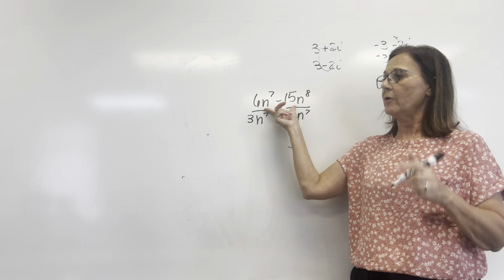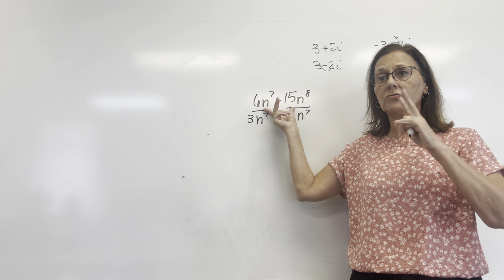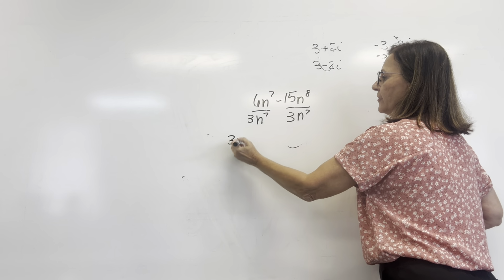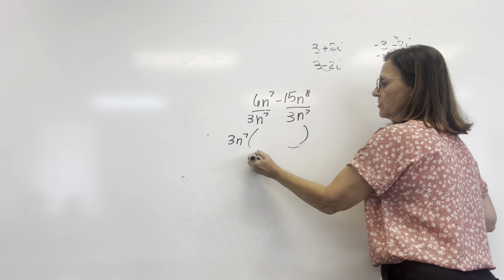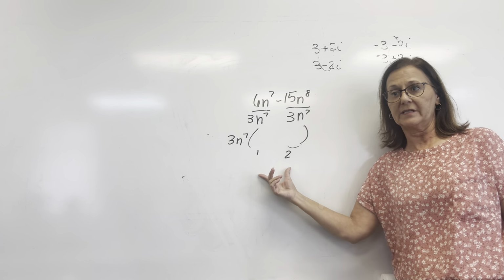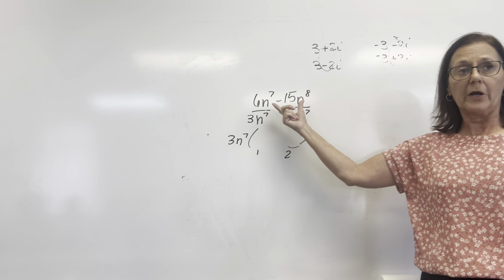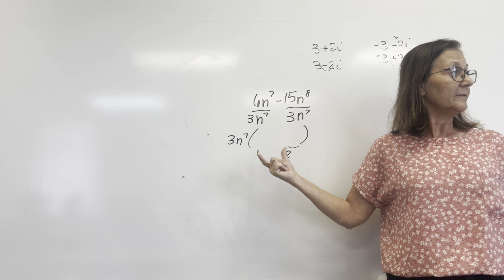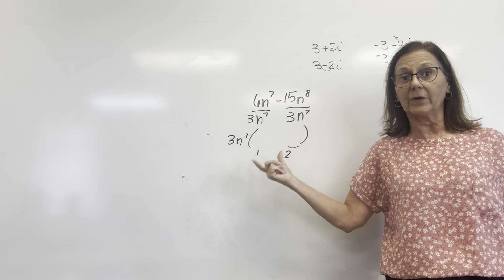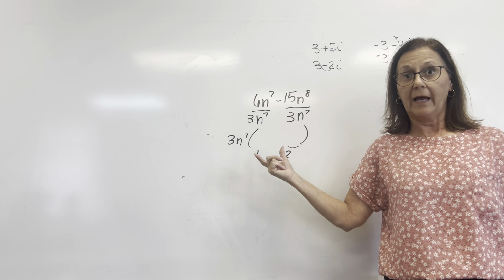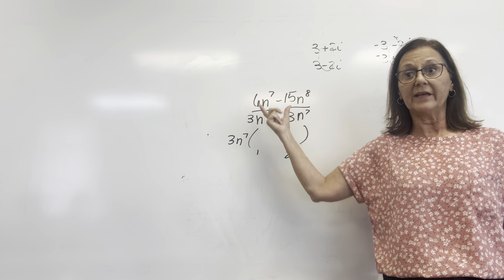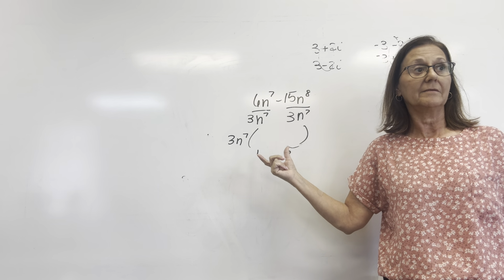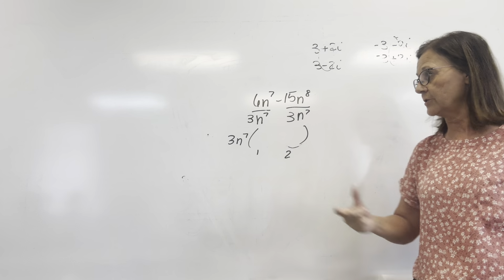If my original expression has 2 terms in it, when I factor a value out, I'm still going to have 2 terms inside the parentheses. If my original expression has 3 terms to begin with, I'm still going to have 3 terms inside my parentheses. So as many terms as I begin with is how many terms I'm going to end up with in the parentheses. Makes sense? And the signs don't change, the plus or minus.